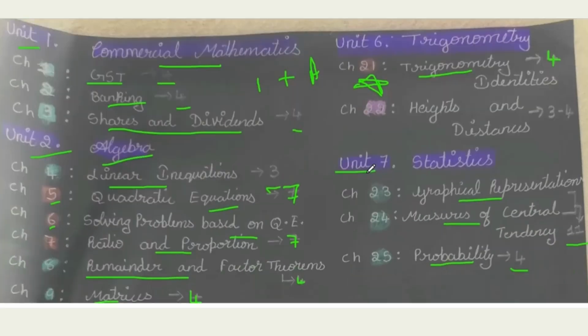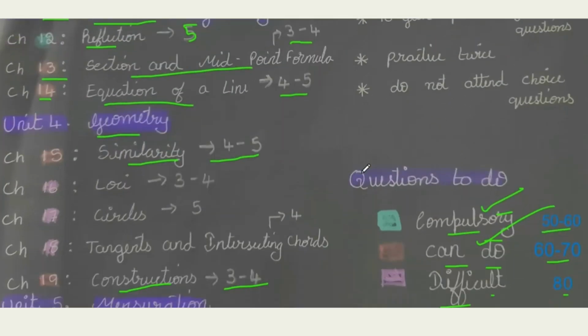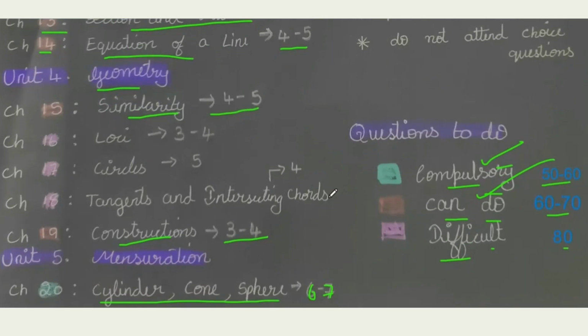So let's see where the difficult questions are. Yeah, in part B these difficult questions will occur. So unit 4, which is chapters 16, 17, 18. See, the 16th chapter is Loki.